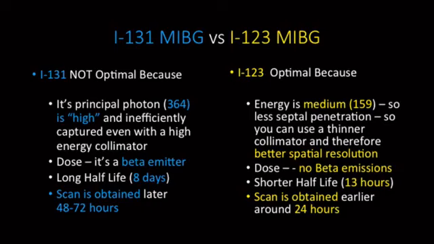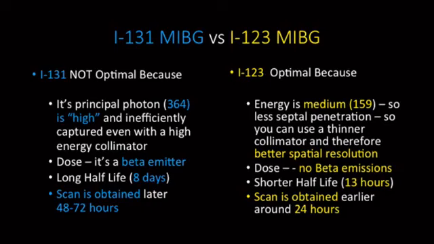Historically, 131 was used because it was cheaper, etc. But it's really not optimal for a couple of reasons. One, as you hopefully know, or if you don't, I will tell you, 131 is a high energy photon. Because of that, it's very inefficient capturing it.